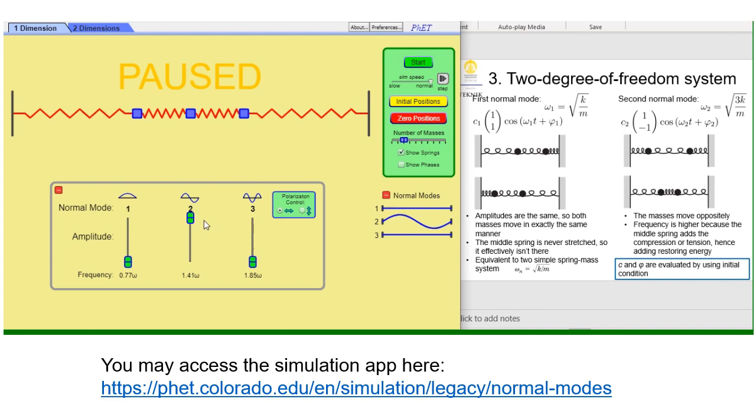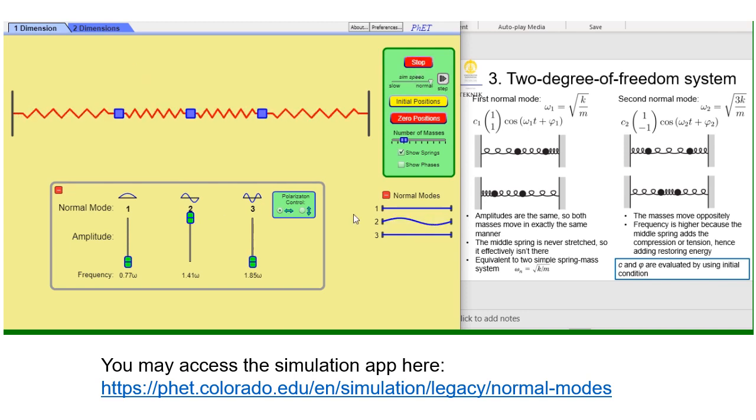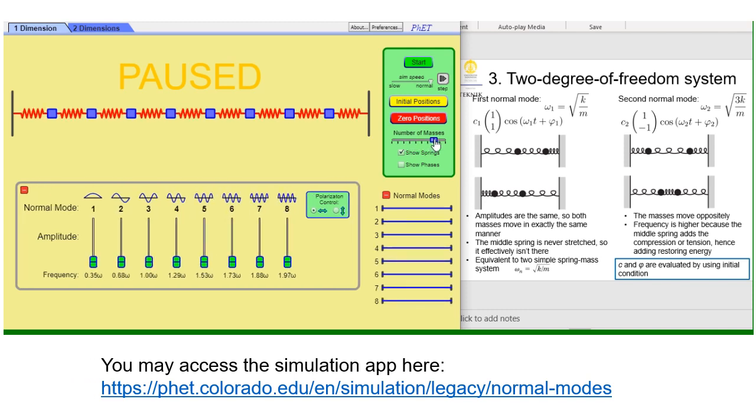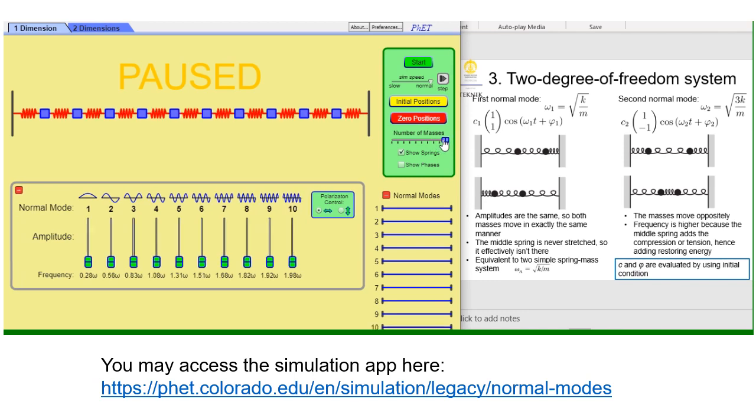You just need to set the amplitude to 100%, then hit the start button, and you see this type of motion for 3 degree of freedom system. And of course, you can go on and on. This app gives you the simulation of up to 10 degree of freedom system, and you can see and learn along the way.